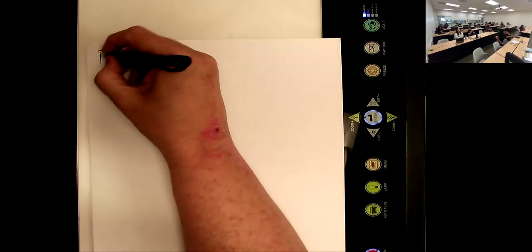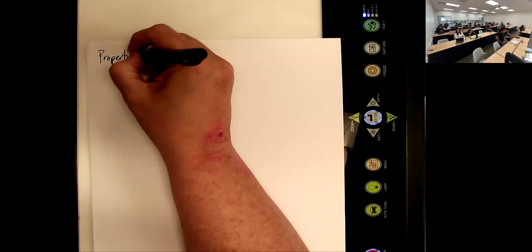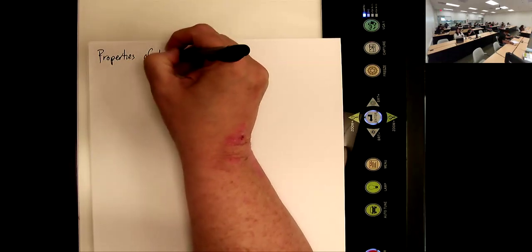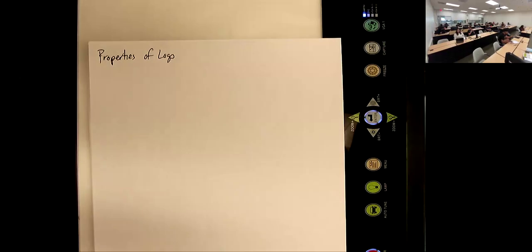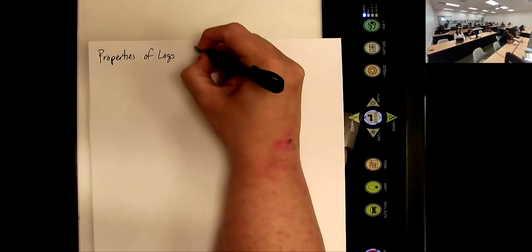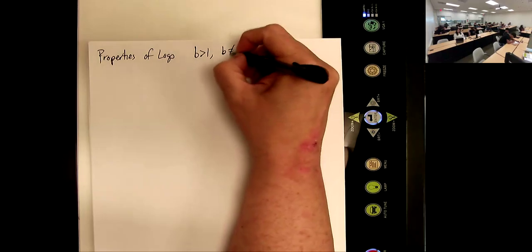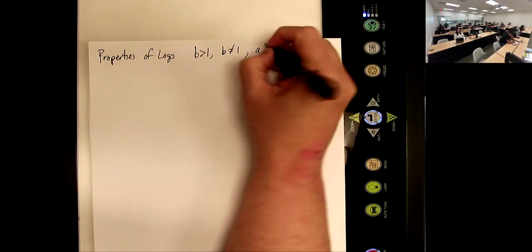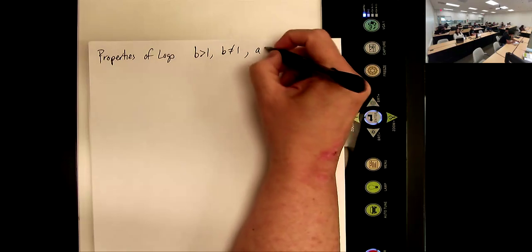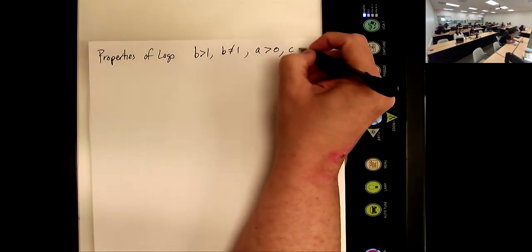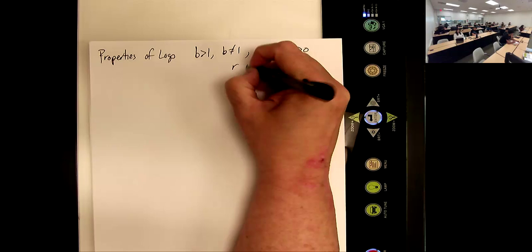Alright, more on logarithms, let's do properties of logs. This had an expansive list. Again, we're going to assume b is greater than 0, b does not equal 1. We're also going to say a is greater than 0 and c is greater than 0, and r is a real number.